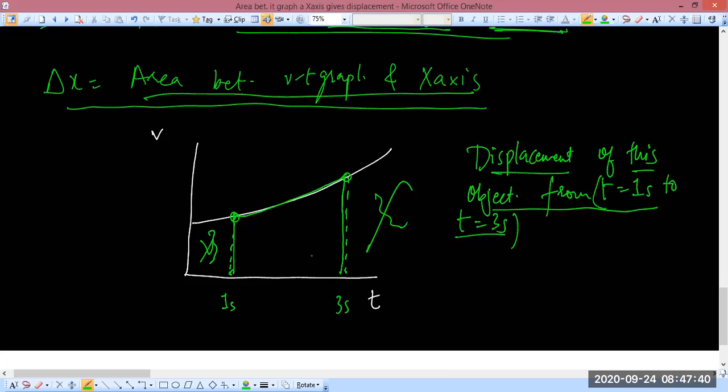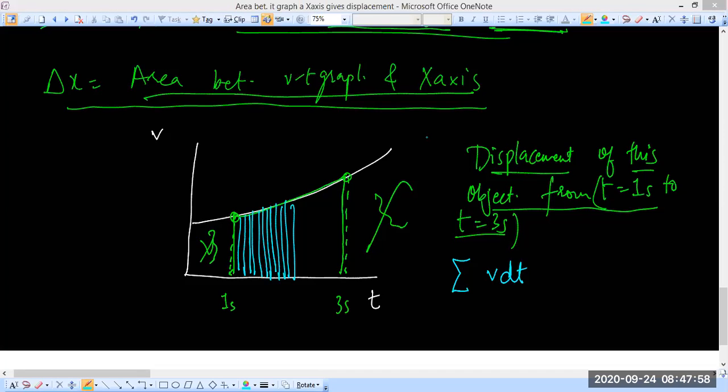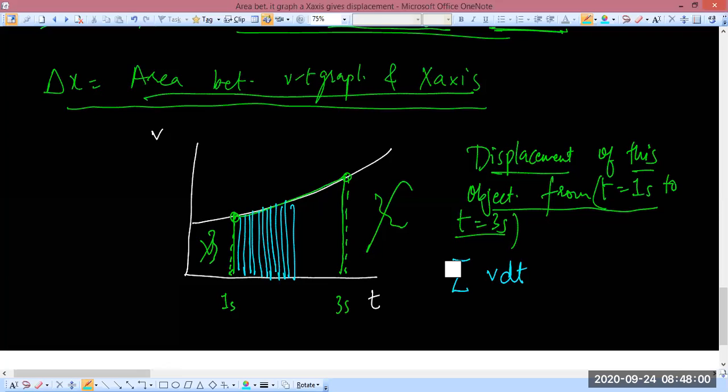Agreed? So like I mentioned earlier, we can find this area by splitting this into thousands of such tiny rectangles. Basically, I have to add or integrate. Addition of such small things is called integration.